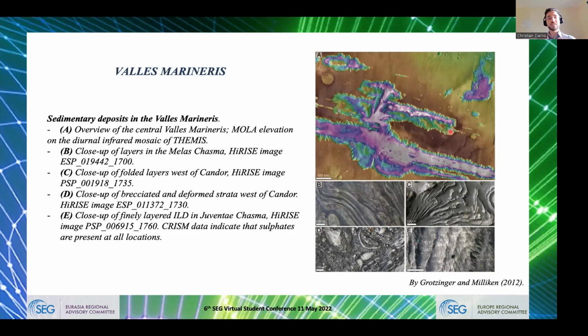They are very stratified deposit layers, but whose origin is still debated. Moreover, we can see a lot of tectonic structures like faults in figure C, and erosional structures, probably shaped by exogenous processes like wind or river erosion, or also structural ones, like here we have a close-up of layers in Melas Chasma in figure B.